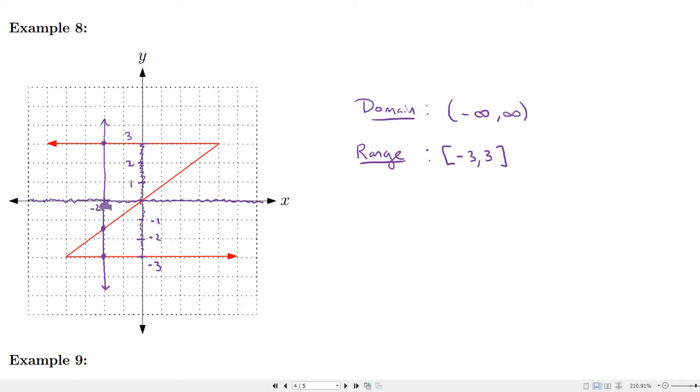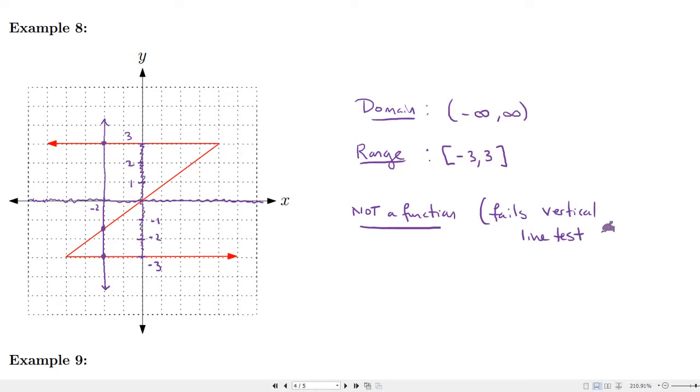So if -2 was an input for a function, it would have 3 outputs, and that's not the way a function is defined. If I give you an input, you're supposed to have 1 and only 1 output, if you're a member of the domain. So this is not a function. It fails the vertical line test.